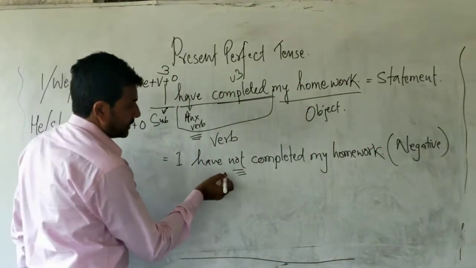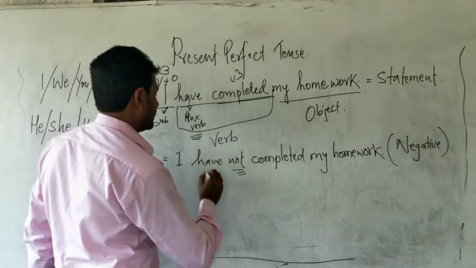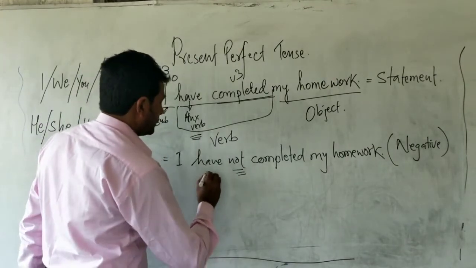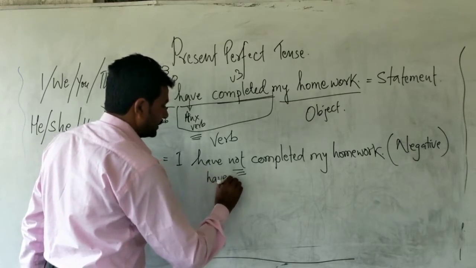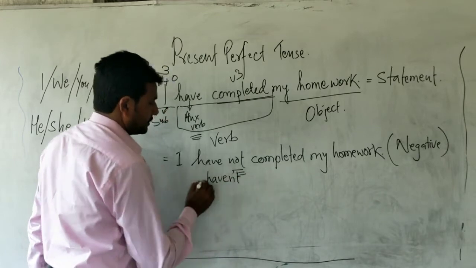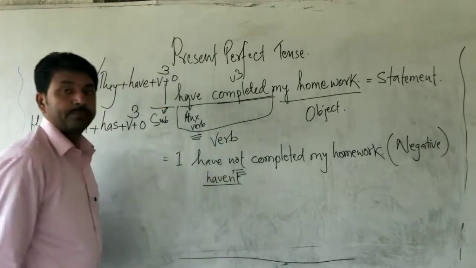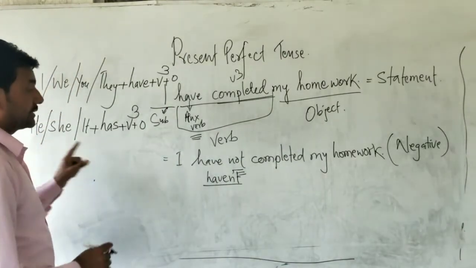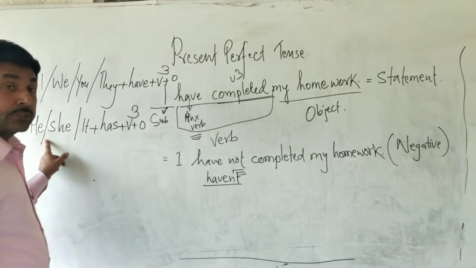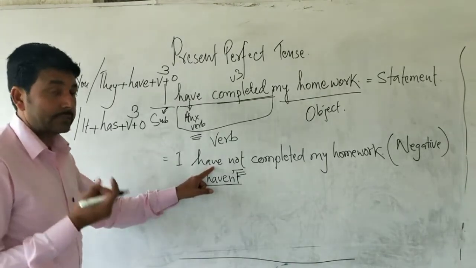You can also contract this have, haven't. You can write here haven't. While speaking, we use this haven't. Have not completed can be contracted, these two. But for the same sentence, if the subject changes, for example, he, then this will become has.